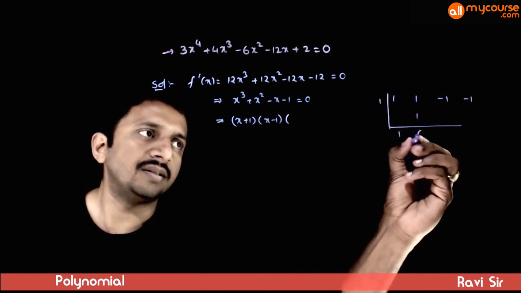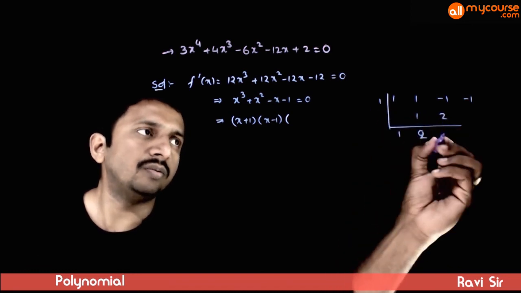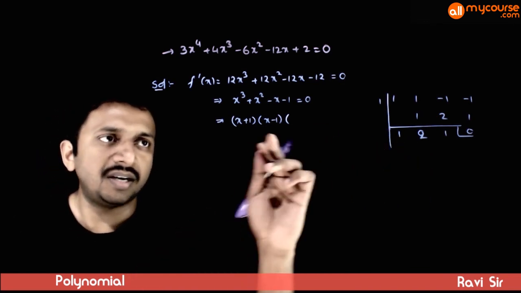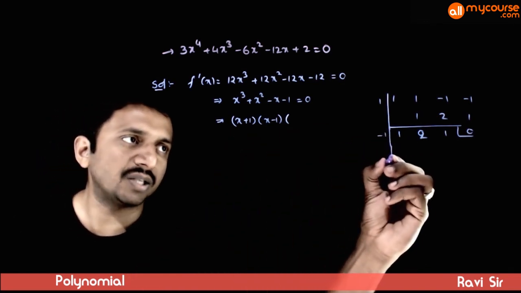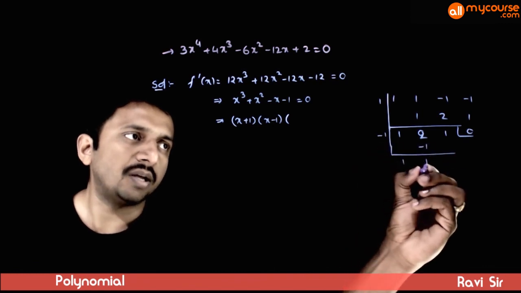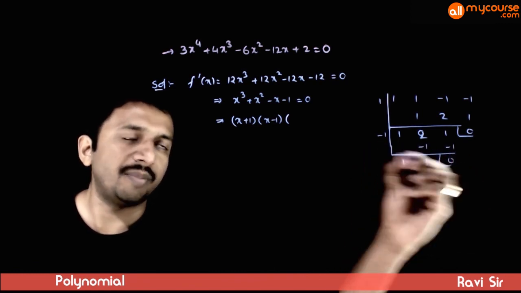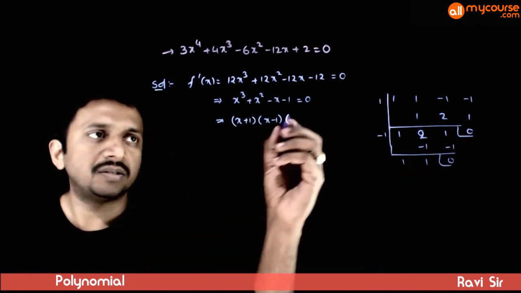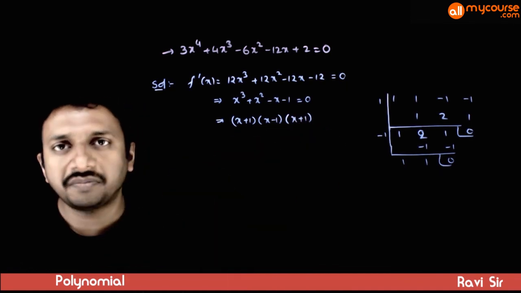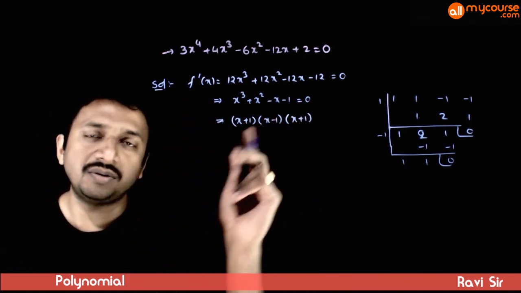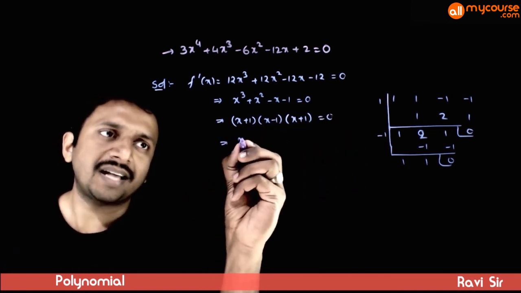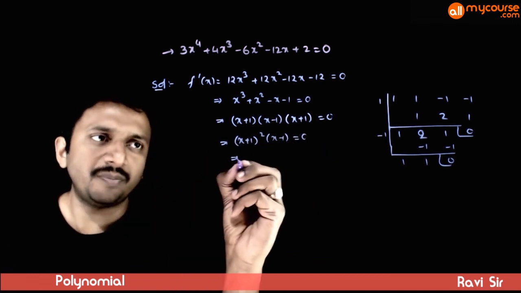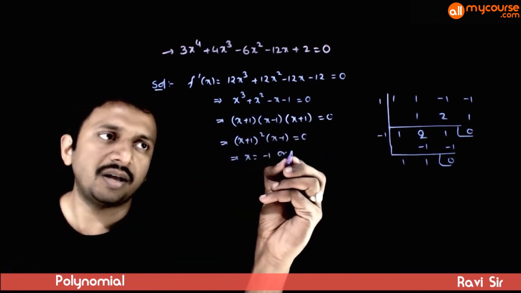So 1, 1, 2, 2, 1, 1. So you get 0. Next let us divide with x plus 1. So let us use minus 1 here. 1, minus 1, 1, minus 1. You get remainder 0. And the quotient is x plus 1. So the third factor is x plus 1. So f dash of x is equal to 0 implies x plus 1 whole square times x minus 1 is equal to 0. This implies x is equal to minus 1 or plus 1.